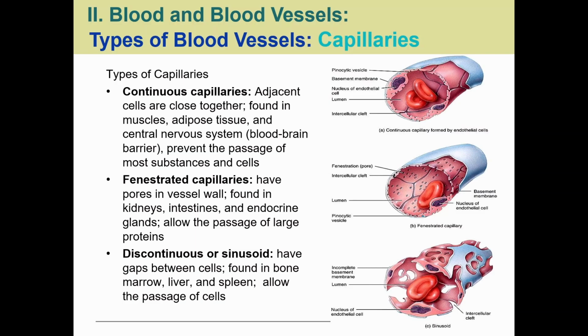Continuous is going to be the most narrow. It's going to be the strictest in terms of what can pass through in and out of the capillaries. Fenestrated, we're allowing certain bigger things to pass through in terms of molecules. And then discontinuous or sinusoid, we want big enough holes where entire cells are able to get in and out.